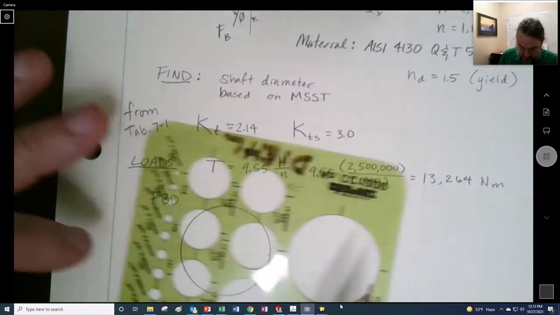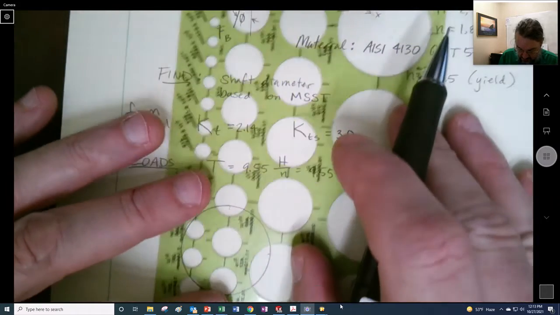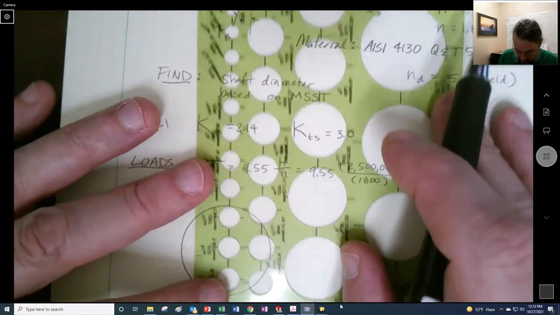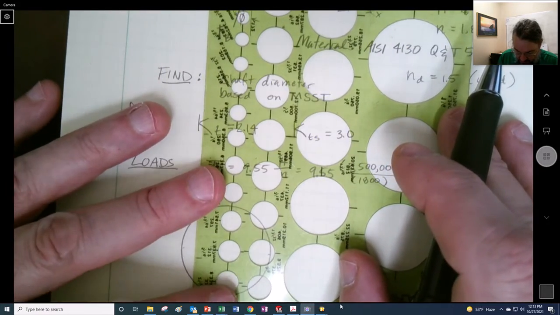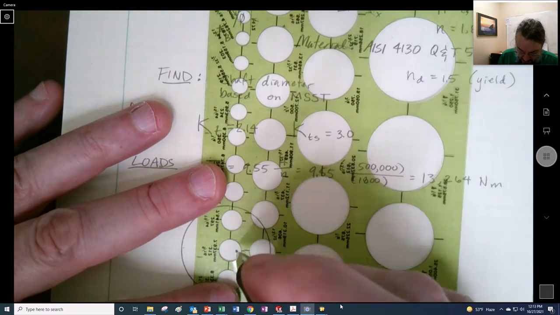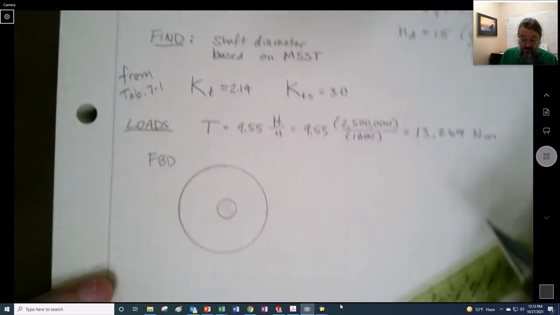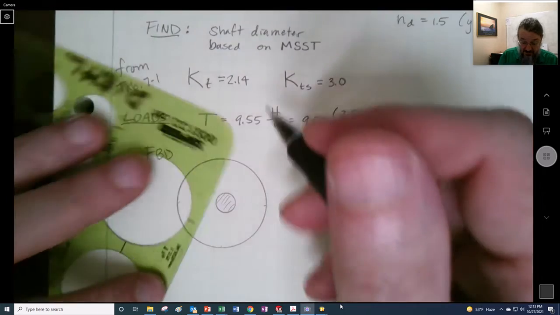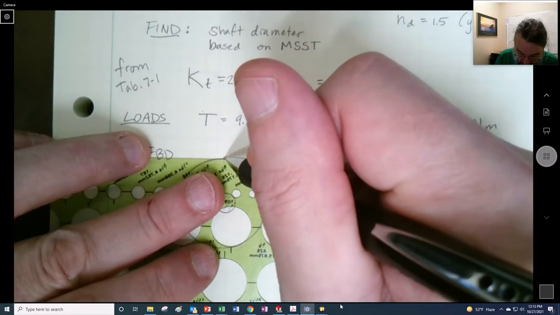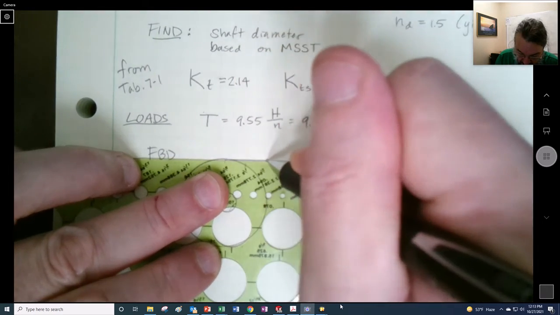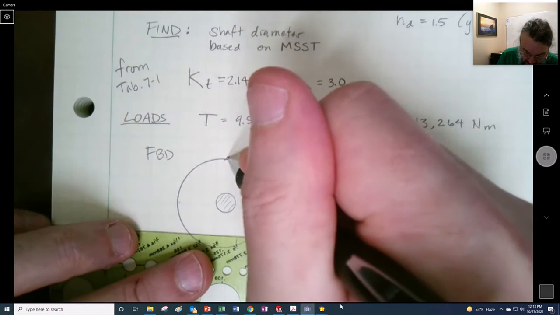So I'll make a shaft. It's going to be a pretty big shaft, I think, sort of like that right there. I didn't center it perfectly. The force that's going to be causing torque is coming down that direction right there.